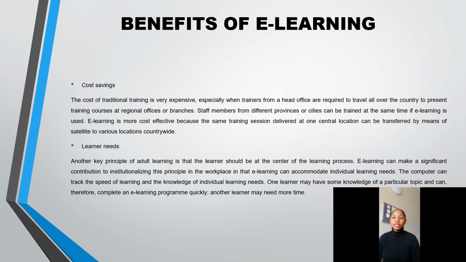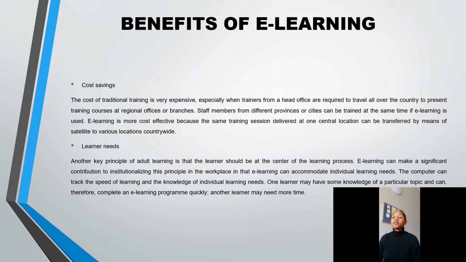So another benefit of e-learning is learner needs. So it says here on the slide that another key principle of adult learning is that the learner should be at the center of the learning process. E-learning can make a significant contribution to institutionalizing this principle in the workplace, in that e-learning can accommodate an individual's learning needs. So how is that even possible? So it says here the computer can track the speed of learning and the knowledge of individual learning needs.